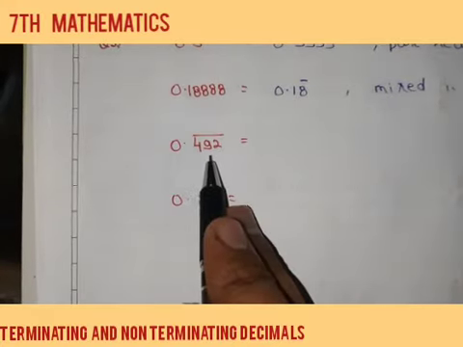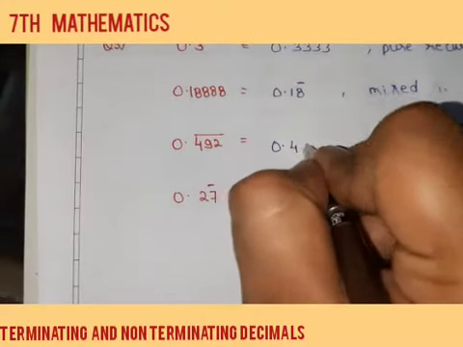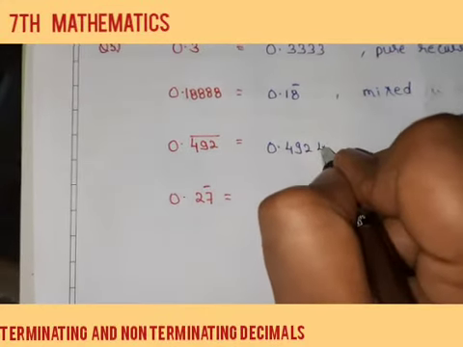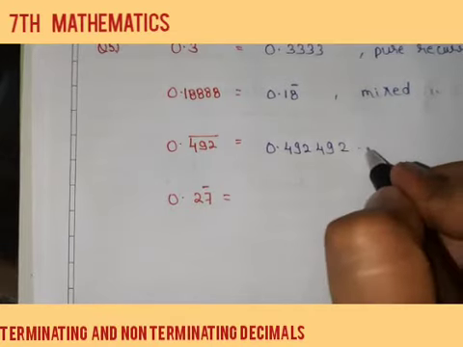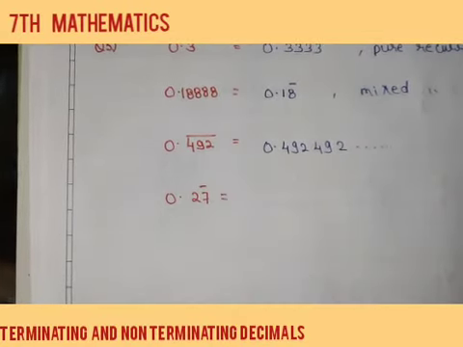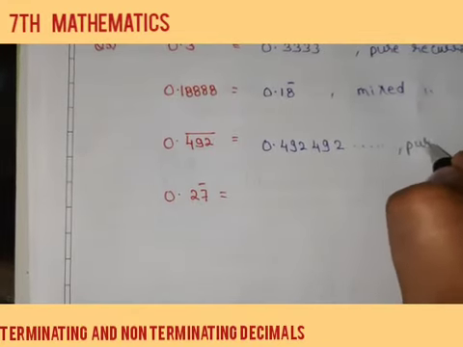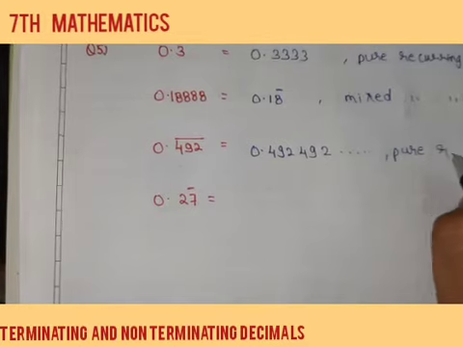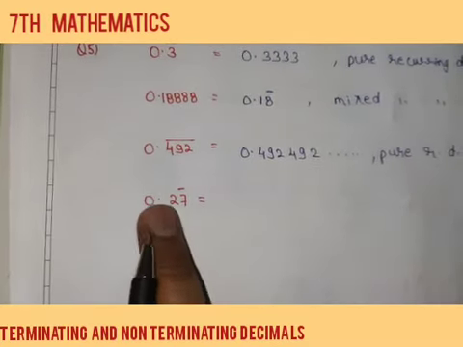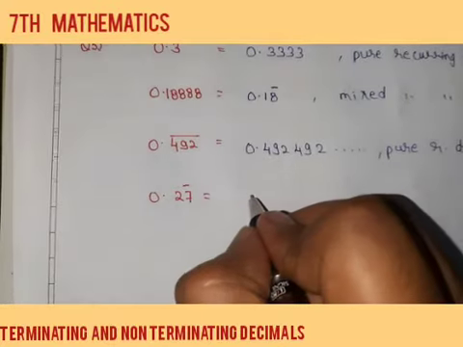The next is 0.492 bar, that means 0.492492 and so on. So here after the decimal all digits are getting repeated, so it will be an example of a pure recurring decimal. Next is 0.27 bar, so it is also what?